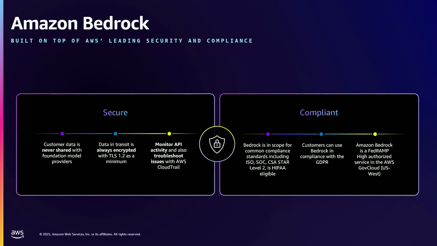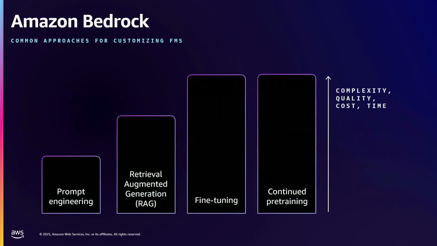So that's Amazon Bedrock, but let's talk about how you add additional context to Amazon Bedrock. When I talk about adding additional context, what I mean is when a customer asks a question of a generative AI application, sometimes you want to include additional data as part of that context. So that could be system prompts or prompt engineering with generative AI. It can be retrieval augmented generation, or RAG, which is what we're going to talk about today, or it can also be things like fine-tuning models.